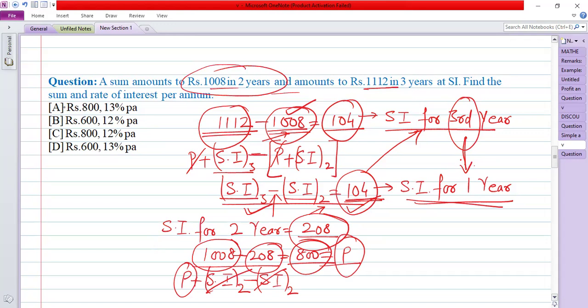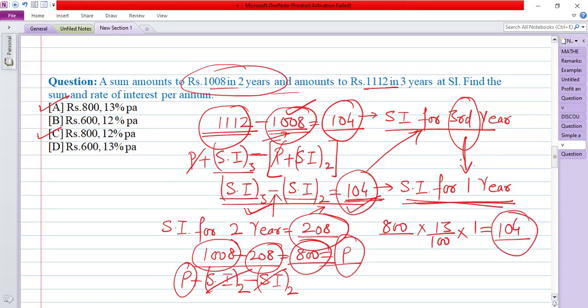So either option A will be correct or option C will be correct. Now, obviously, 800 rupees at a 13% rate for 1 year will give me an interest of 104.